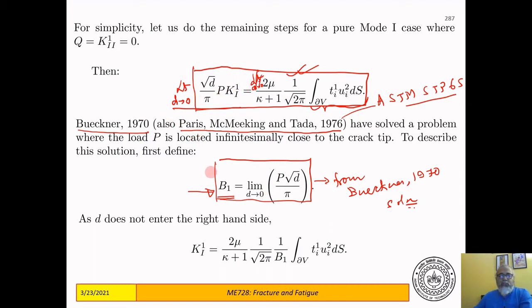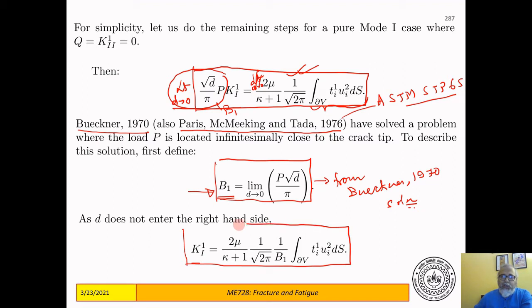There are other Buchner solutions for other modes, but we are only interested in the mode 1 solution for the time being. So this limit is known, and is equal to b1 according to Buchner's solution. So then k11 would be just this whole thing divided by b1, and that's what we have here.